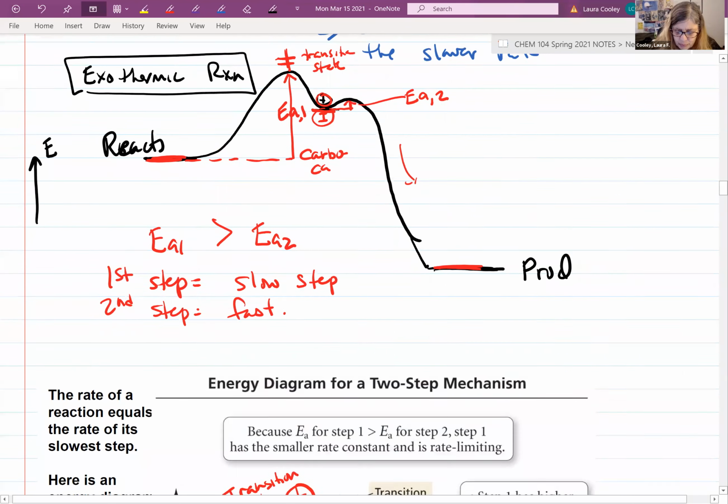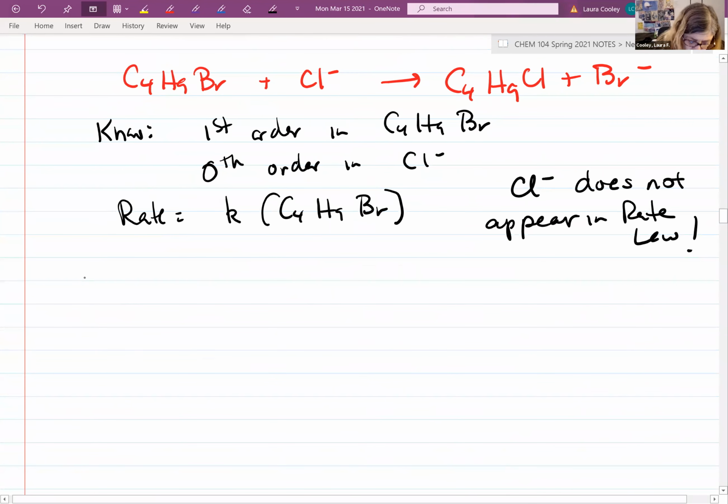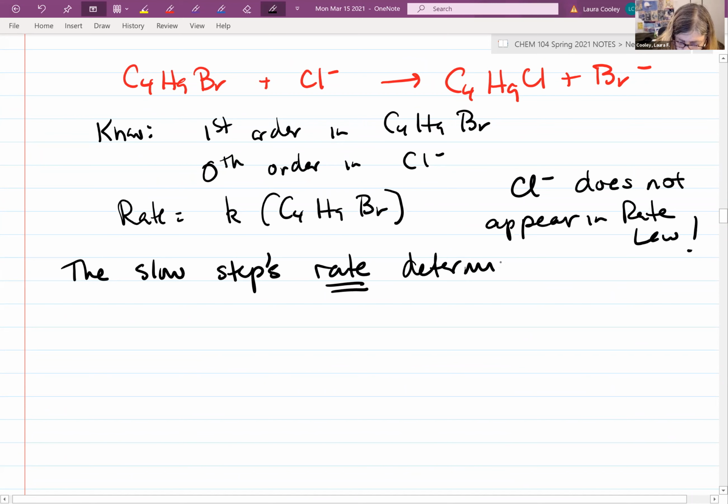And it's a very important thing to realize here. So the slow step, or I should say the slow step's rate, determines the rate of the entire reaction.